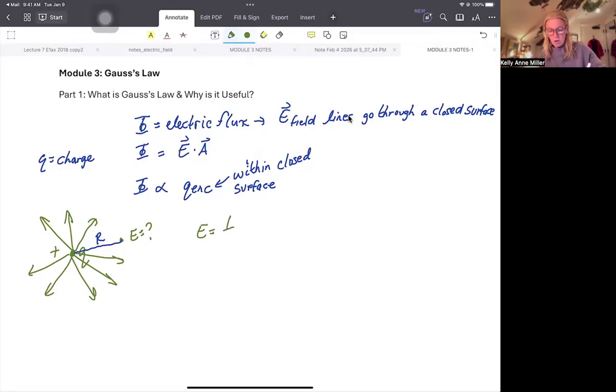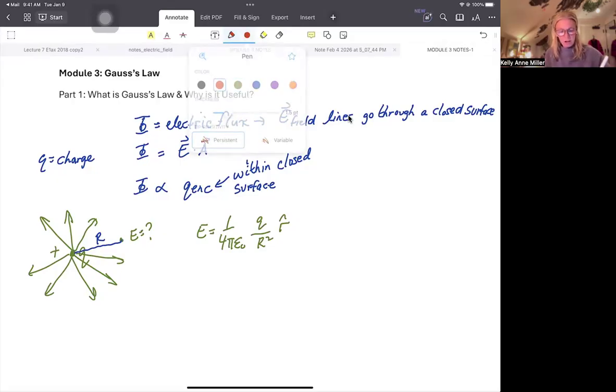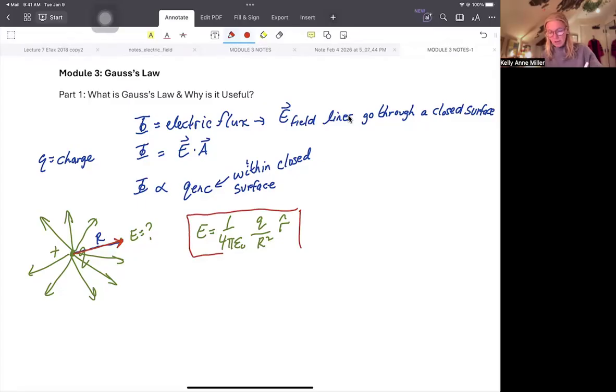It's 1 over 4 pi epsilon naught times the charge Q, divided by that distance squared, in the direction of r hat. If I were to draw the vector for the field here, it would just be in this direction, r hat, at the point that I'm interested in. So this is just a review of last week.